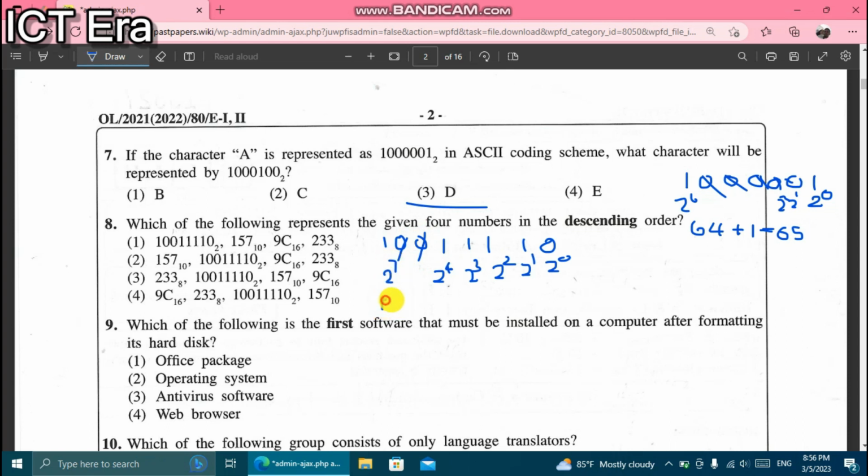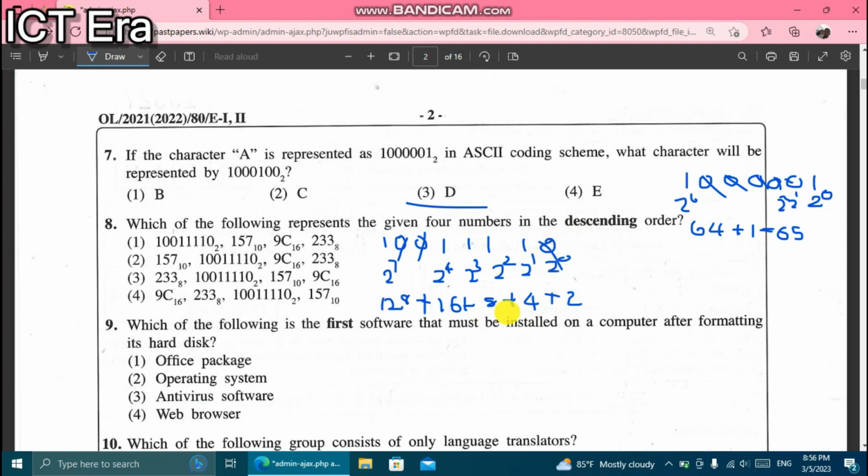2 to the power 7 means 128, plus 2 to the power 4, 16, plus 2 to the power 3, 8, plus 2 to the power 2, 4, plus 2 to the power 1, 2. This one is cancelled because of 0.